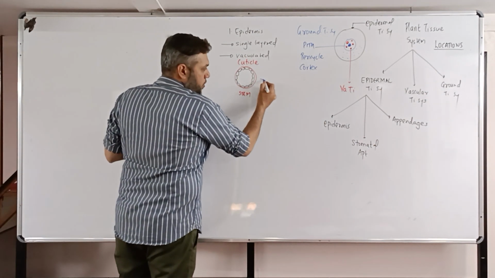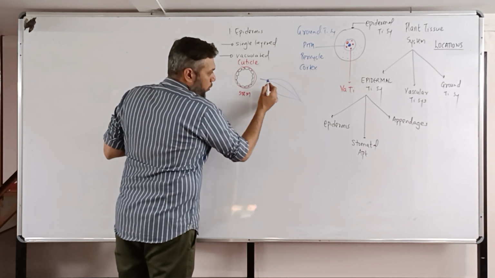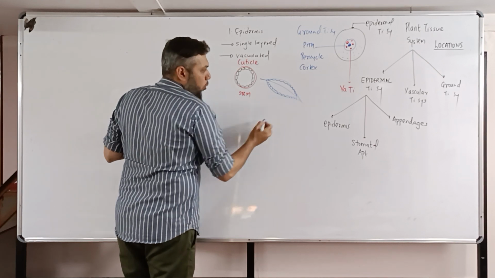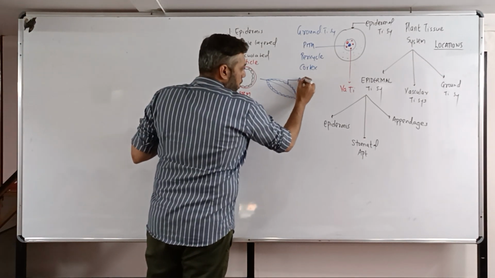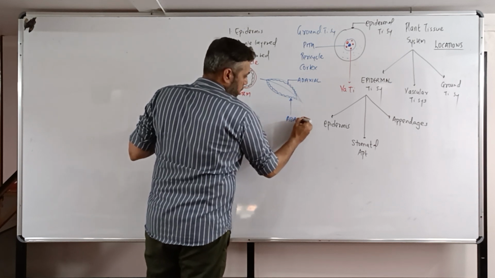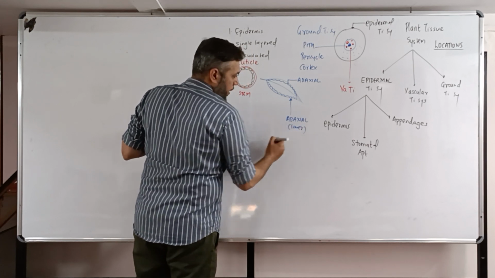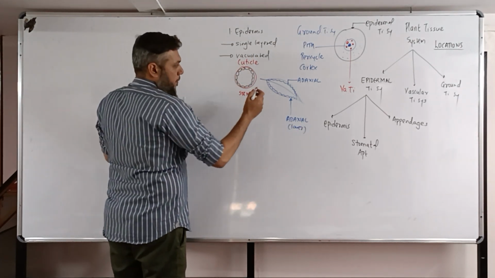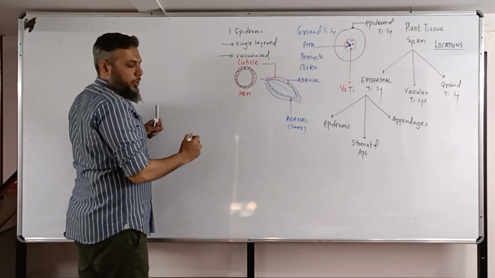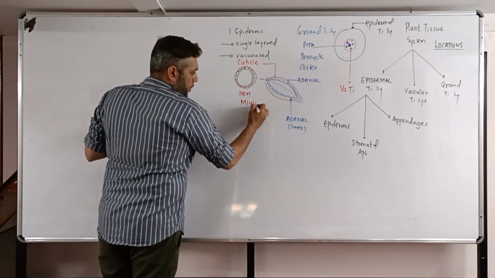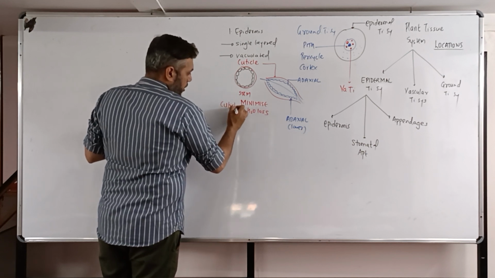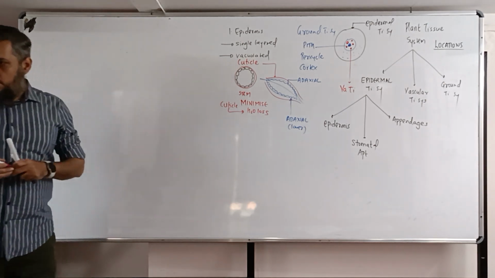In the case of a leaf also, there will be two: an upper epidermis and a lower epidermis, which are called adaxial, upper, and abaxial, lower. Both these epidermis are covered once again by a cuticle, and this cuticle will minimize the water loss.